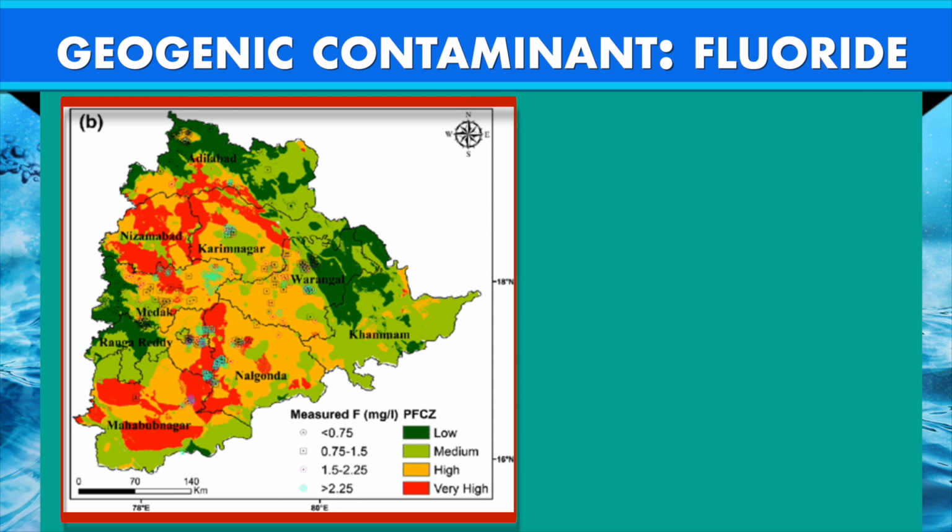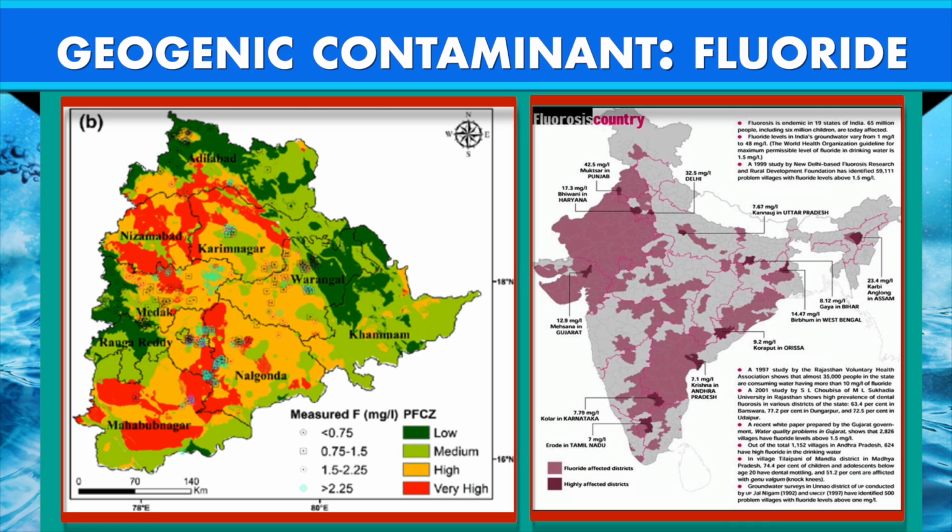The most important aspect of prevention and control of endemic fluorosis is to generate a database on the endemic presence of fluoride across the country and create awareness among the population about health issues related to consumption of groundwater enriched with fluoride.